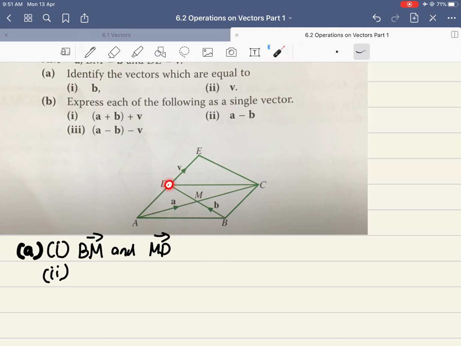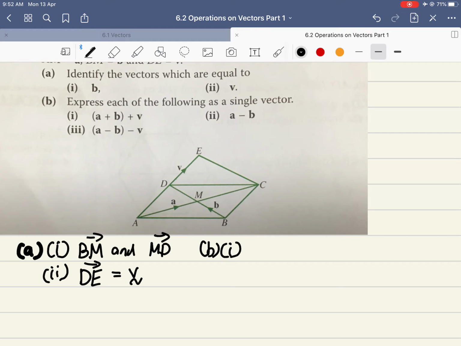If I have no indication that D is the midpoint of AE, I have no idea, so I will say that there may not be any other vectors. So I will say that DE itself is equal to vector V and is the only vector that is equal to vector V.